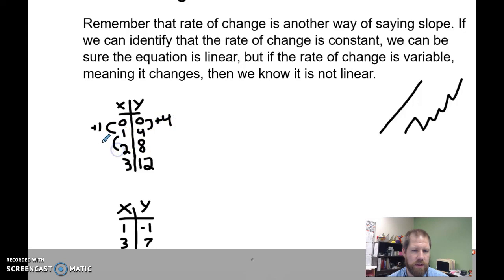From 1 to 2, x goes up 1, 4 to 8, y goes up 4, 2 to 3 goes up 1, 8 to 12 goes up 4. So I can tell, because y increases by 4 for every 1 of x, that this is going to be a linear equation, and my slope is going to be 4, my rise, over 1, my run. Okay, I'd have a slope of 4.